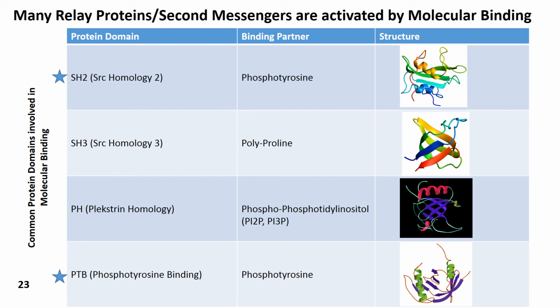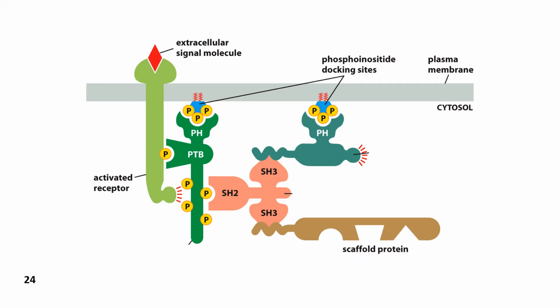Let's look at how each of these is going to work. Here we have a transmembrane protein that has become activated in response to extracellular signal binding. That activation results from phosphorylation on a tyrosine amino acid, and that phosphorylated tyrosine is recognized by a phosphotyrosine binding, or PTB domain, on an adapter protein.